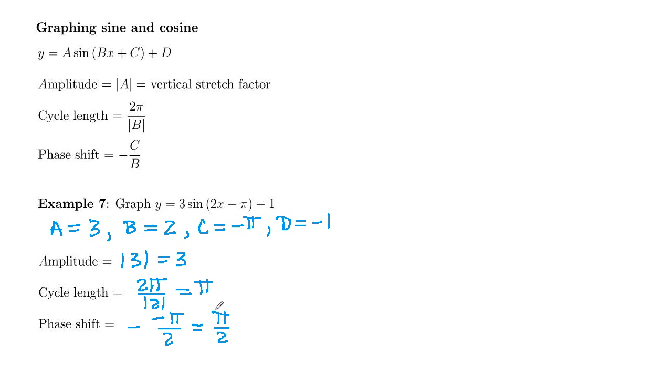So I'm going to go ahead and graph this in stages here. So a normal sine graph would have cycle length 2 pi. It would go up to 1 and down to negative 1. So that would look like this. So first, let's adjust the amplitude.